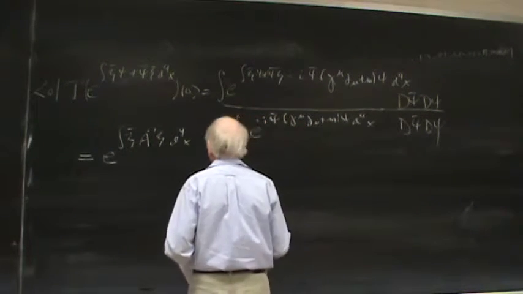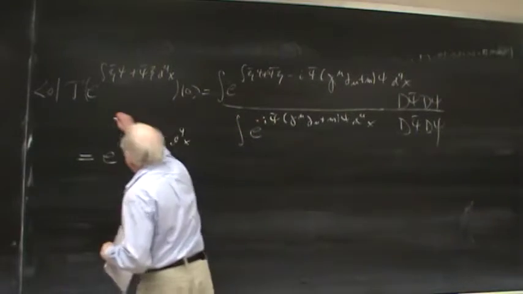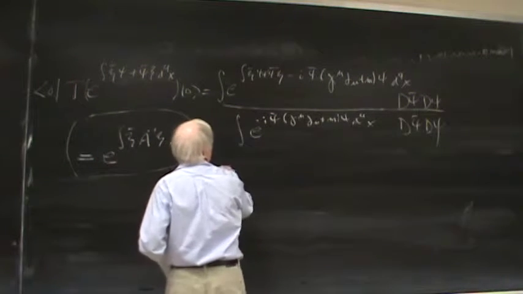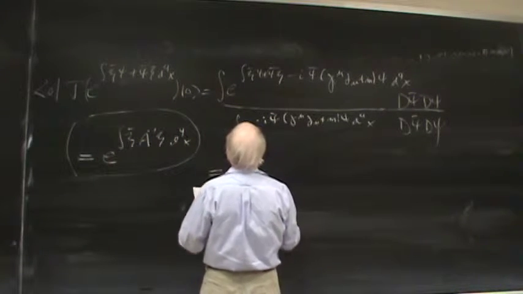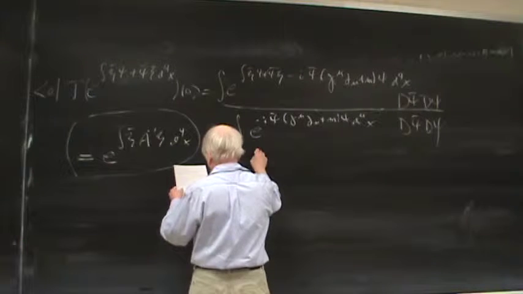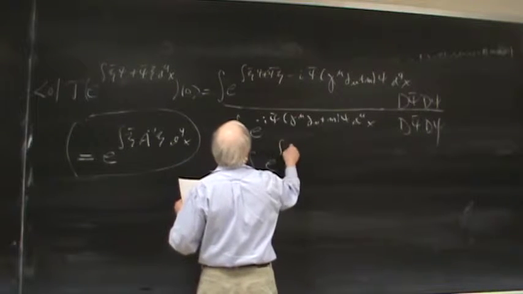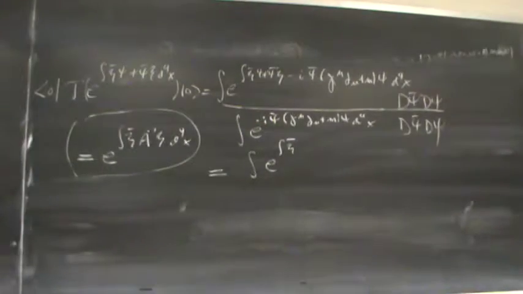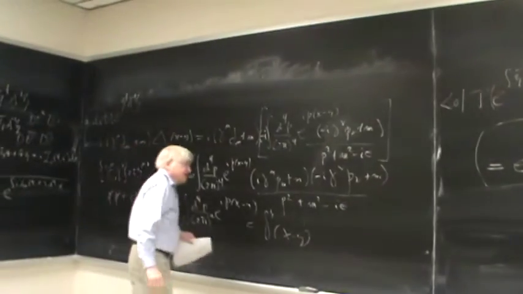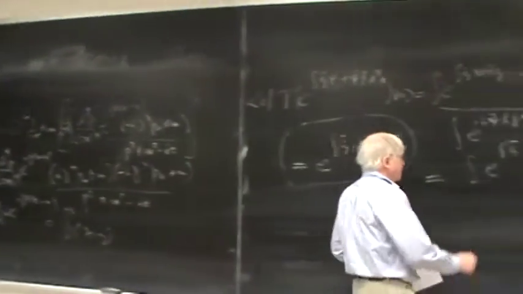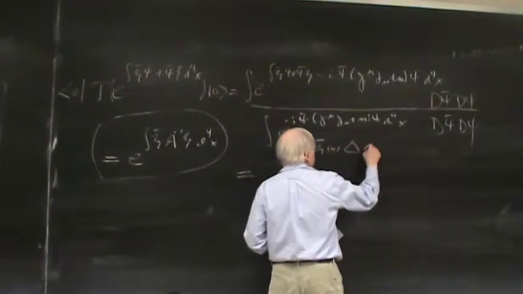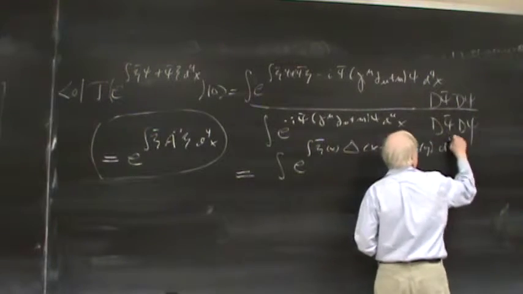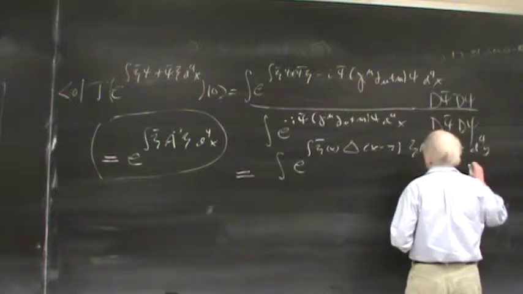Maybe I should do this in 2 steps. So this is sort of in a thought cloud. This thing turns into an integral e to the integral zeta bar A inverse. Well, the A inverse is just delta, isn't it? So this is, in other words, zeta of x, delta (x minus y), zeta y, but now it's d4x d4y.